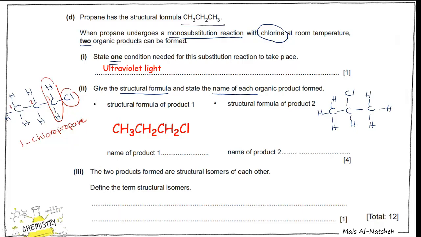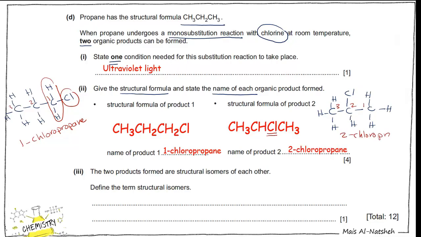Because the chlorine atom is attached to the second carbon, not to the first carbon. So we represent it as the structural formula CH3CHClCH3. Note where we represent the Cl beside the second carbon and then CH3. The names are 1-chloropropane and 2-chloropropane.